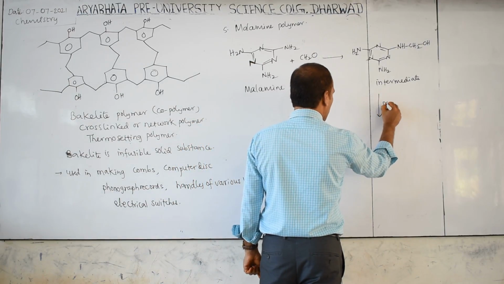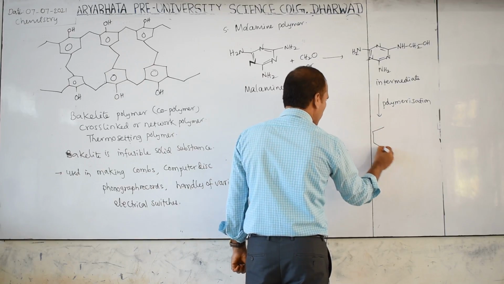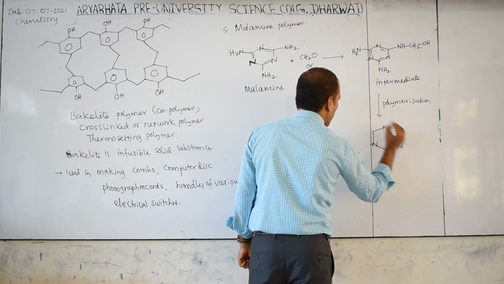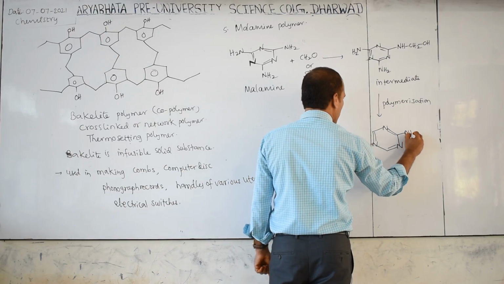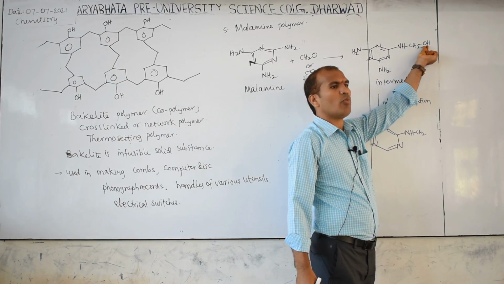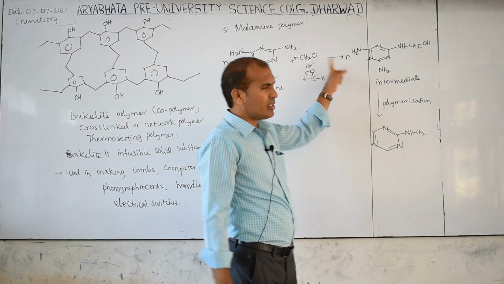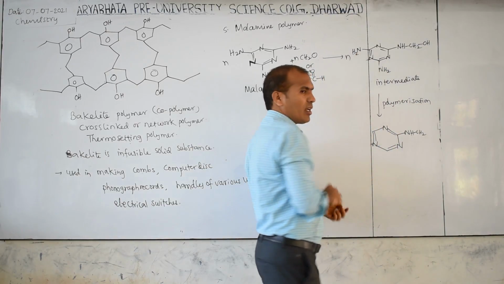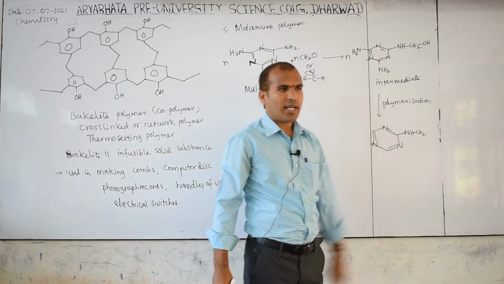Then on polymerization it will form double bond, double bond, double bond, with NH, NH, CH2, CH2, OH, taken N times. On the left side there is H. One hydrogen and OH are lost as a water molecule.